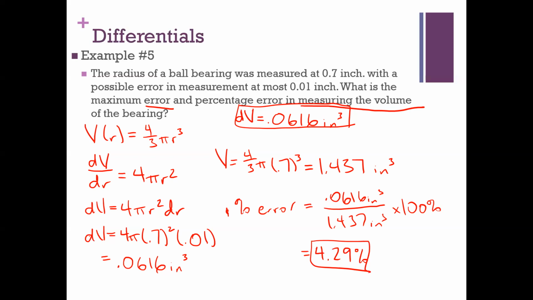I measured the radius to be 0.7 inches. It could be 0.69 inches, it could be 0.71 inches, or anything in between, because that's as much certainty as I can give you about this measurement. And then the relative error without the percentage would be 0.0429. Correct, yeah.